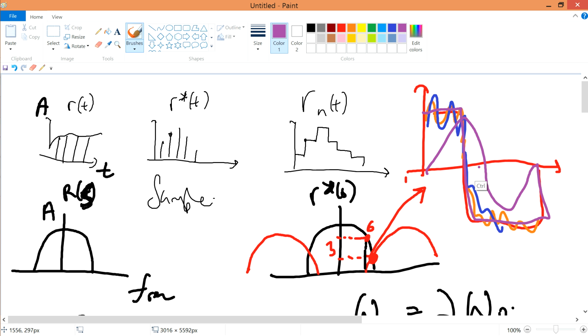I just formed one example anyhow, but because you want to form a square wave, you require some tuning. So you're going to shift your signal somewhere over here.